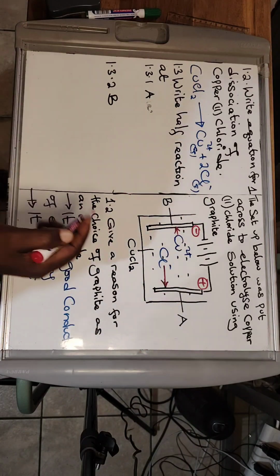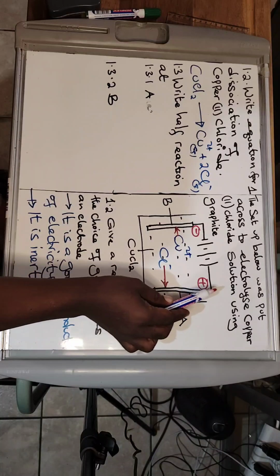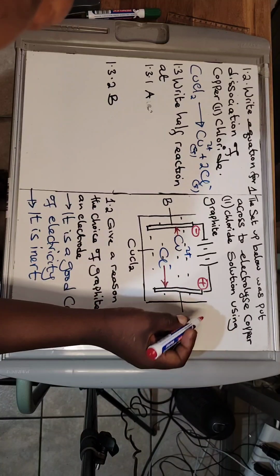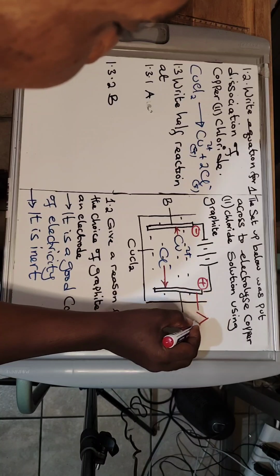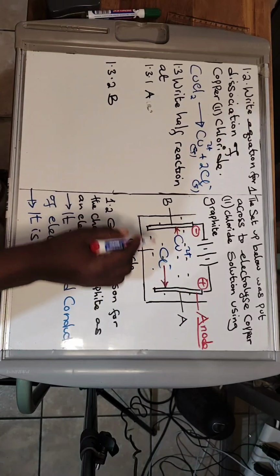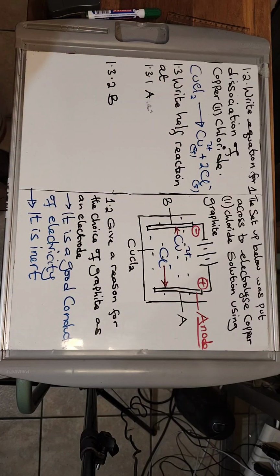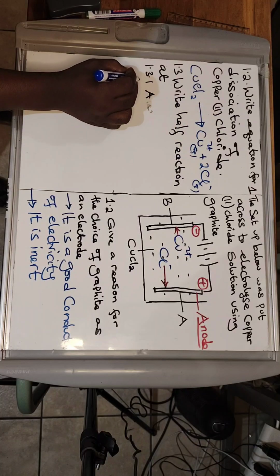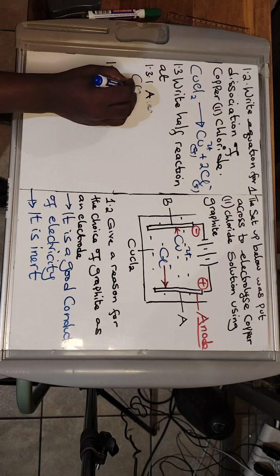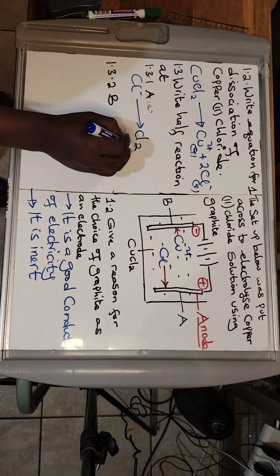So let us look at what A is. A is positive, so it is the anode. And what moves to the anode is our chloride ions. So what happens there? Because it's the anode, the chloride ions undergo oxidation to give you chlorine gas.